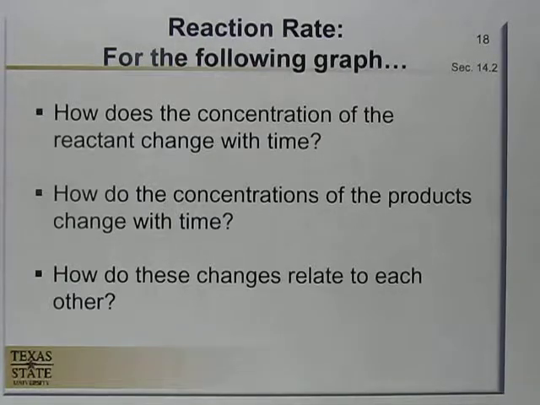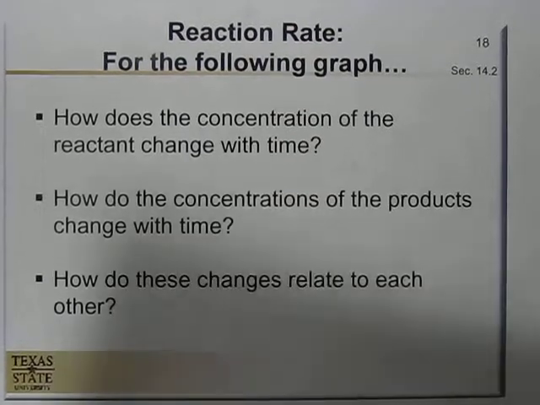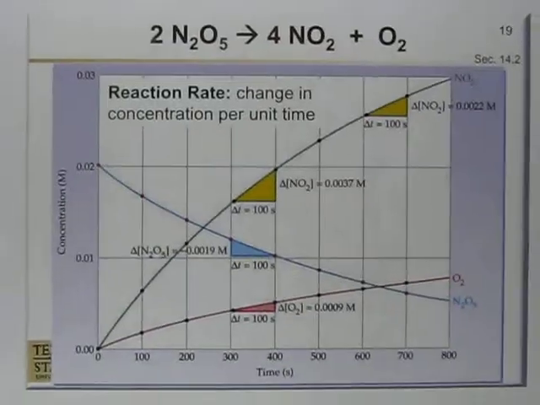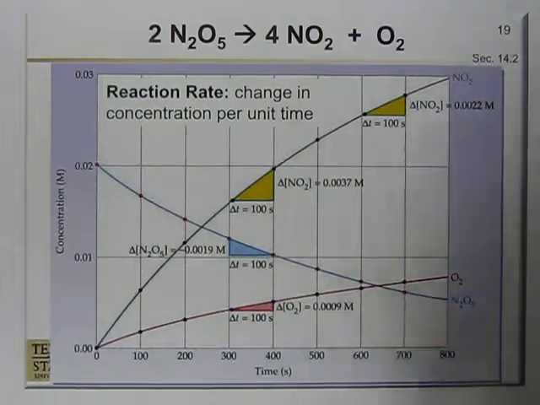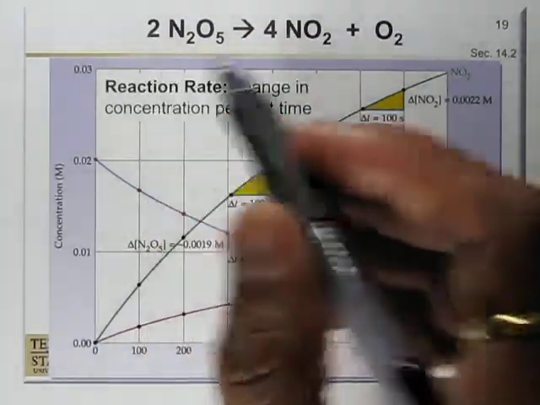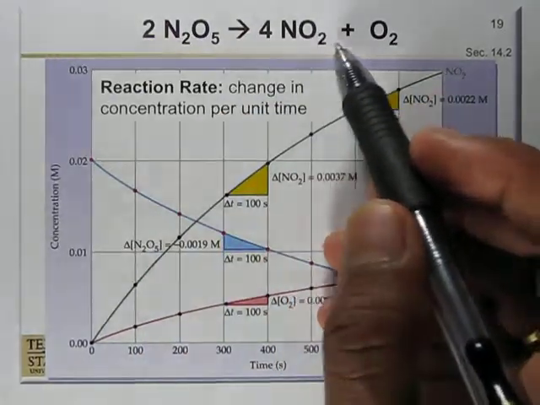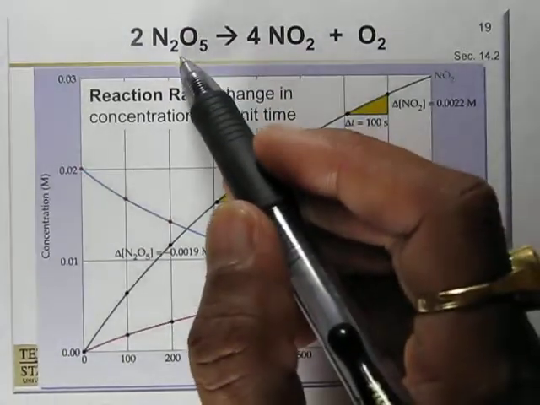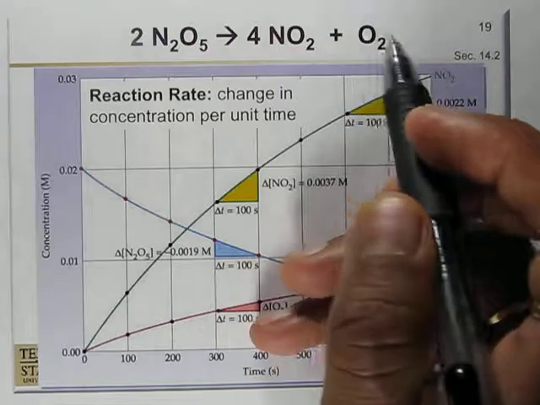We will see how we can read this in the form of a graph. Here is another example, where dinitrogen pentoxide N2O5 is converting into NO2 and oxygen O2. So N2O5 is the reactant, NO2 is a product, and O2 is a product.